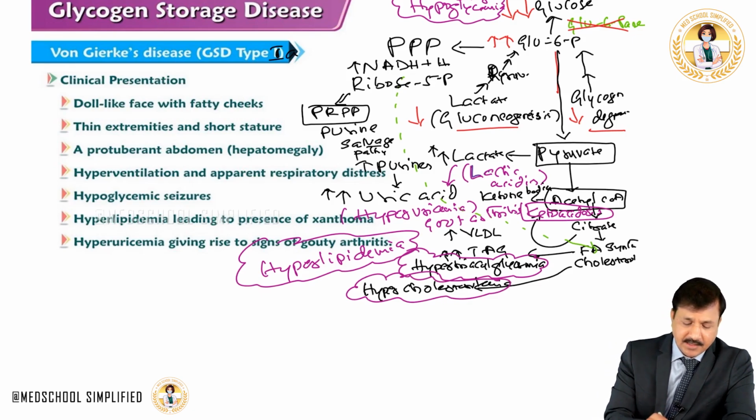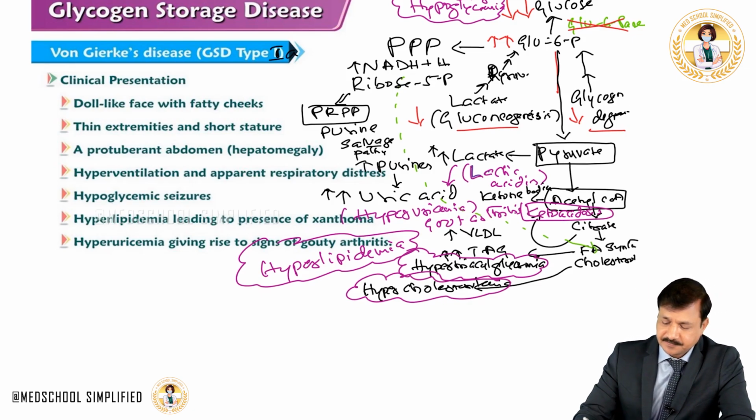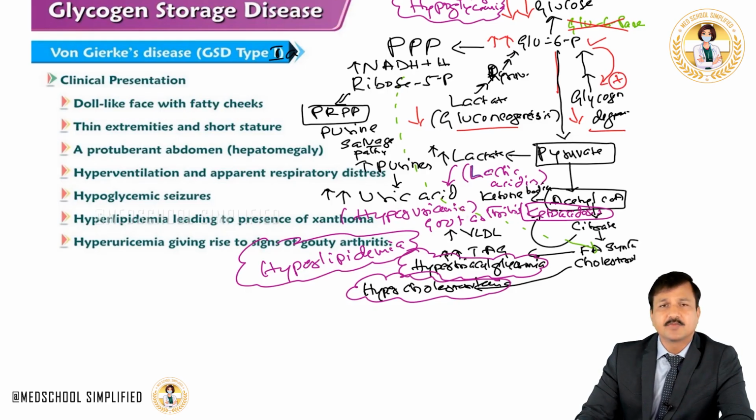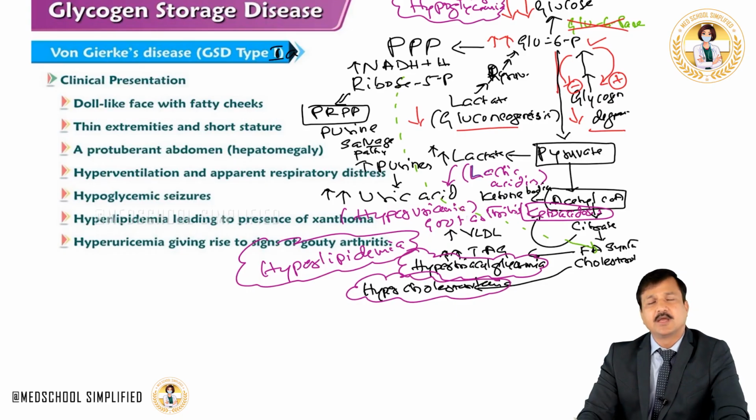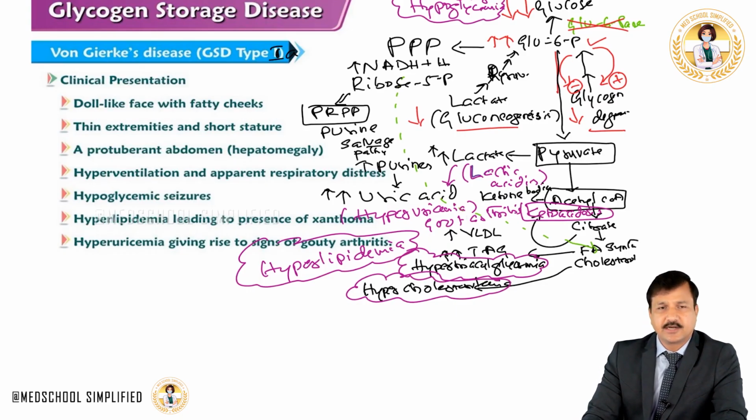Not only that, come back to glucose 6-phosphate now here. This elevated glucose 6-phosphate will have a positive effect on glycogen synthase enzyme, thereby increasing glycogen synthesis, and it will have a negative effect on glycogen phosphorylase enzyme, decreasing glycogen degradation.